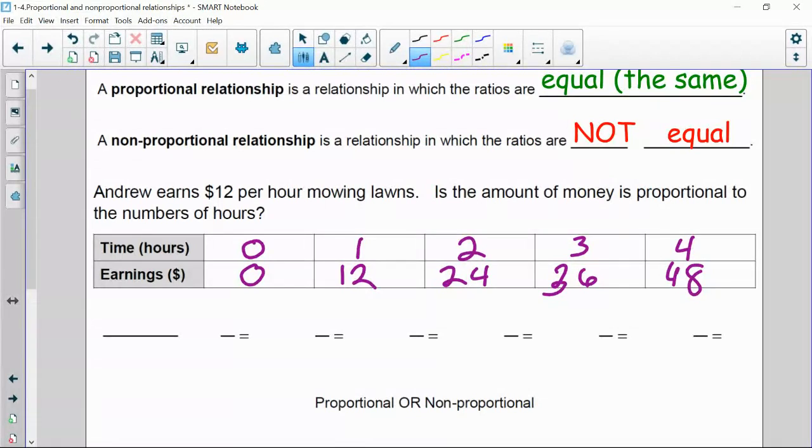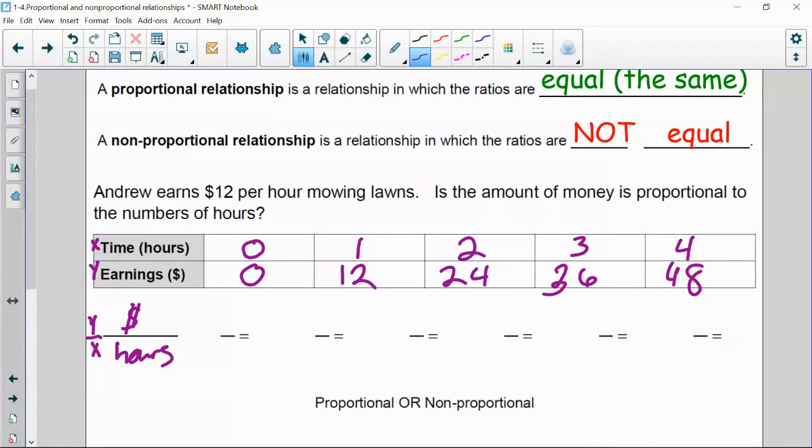Now, when we compare our ratios, if this is an X value and that's a Y value, we will go into more detail. You always want to compare your Y over X. So we're going to compare our money to our hours. You have your independent and dependent, just like you learn in science.